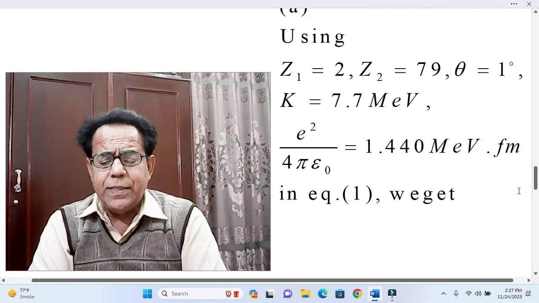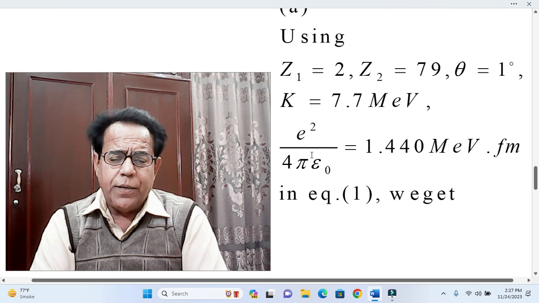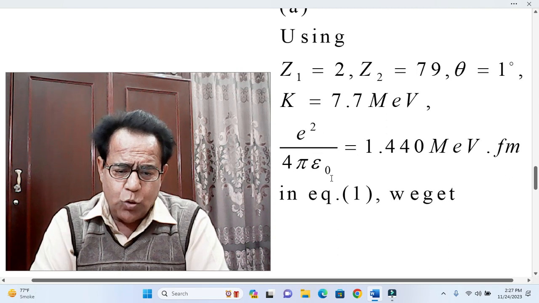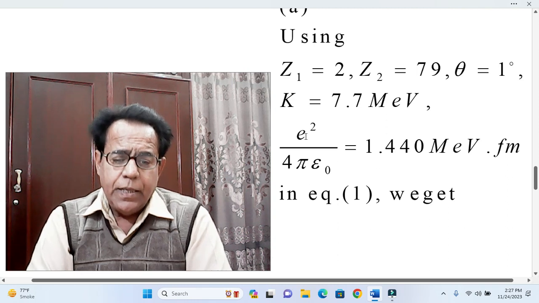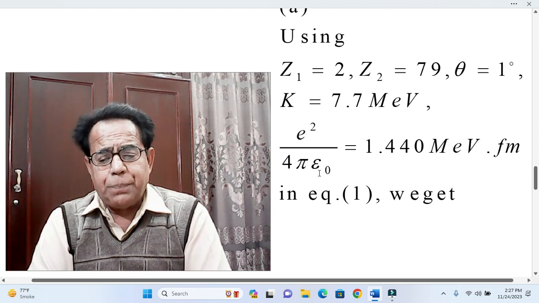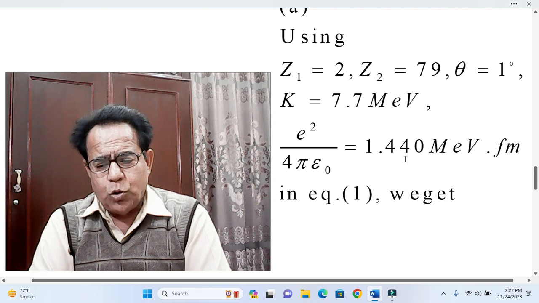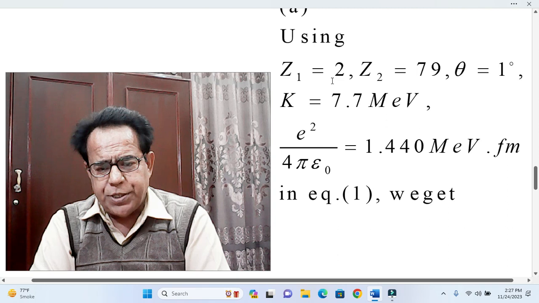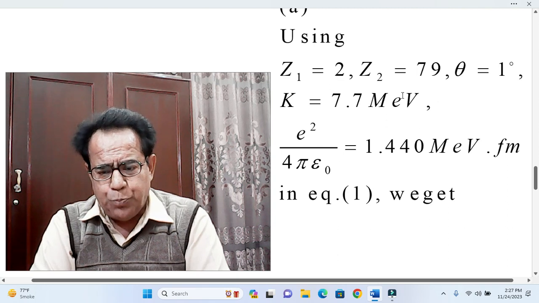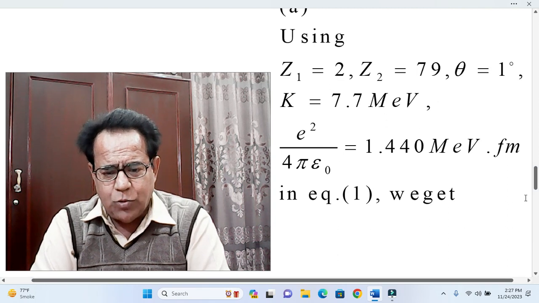Now, moreover, we will also use this value which is provided in the table of physical constants. E square over 4 pi epsilon naught is equal to 1.440 million electron volt into femtometer. In equation number 1 we will put all these values.